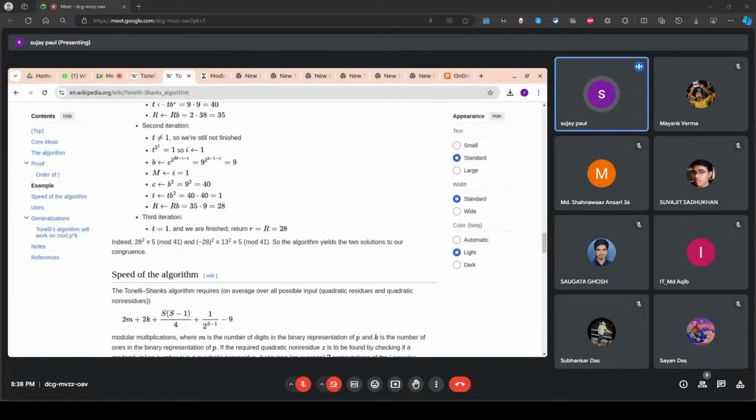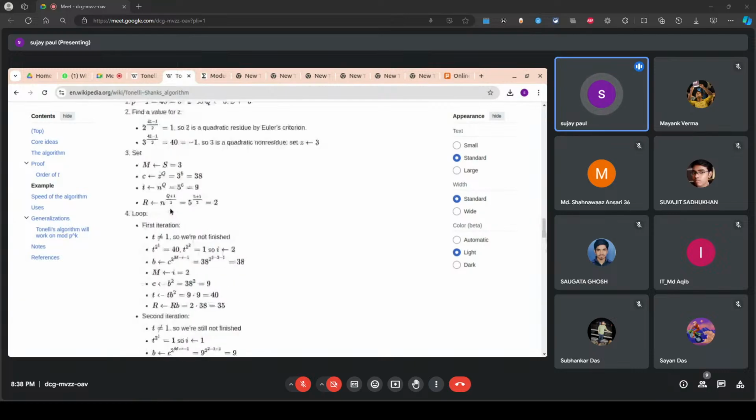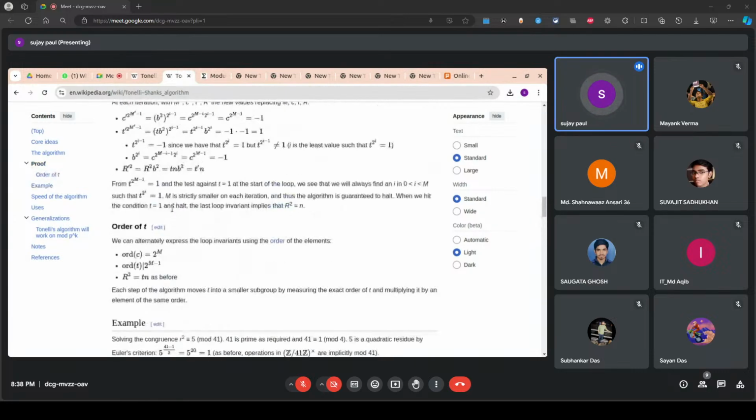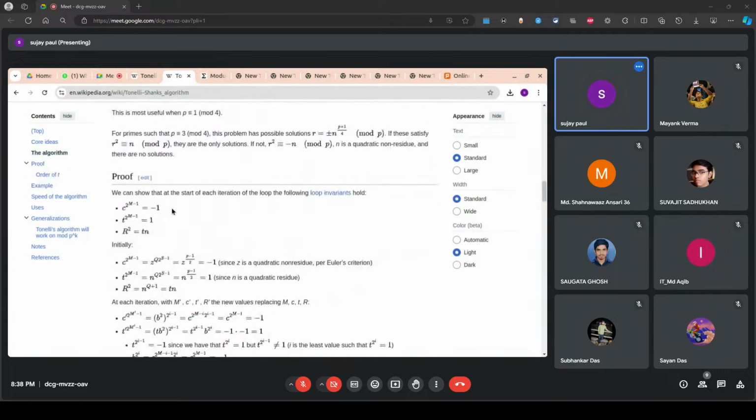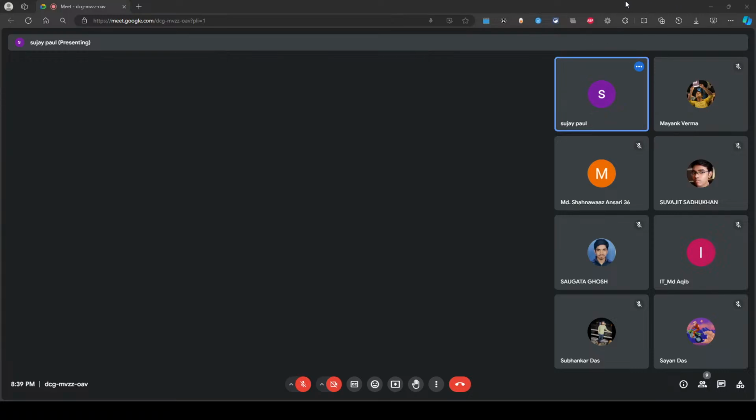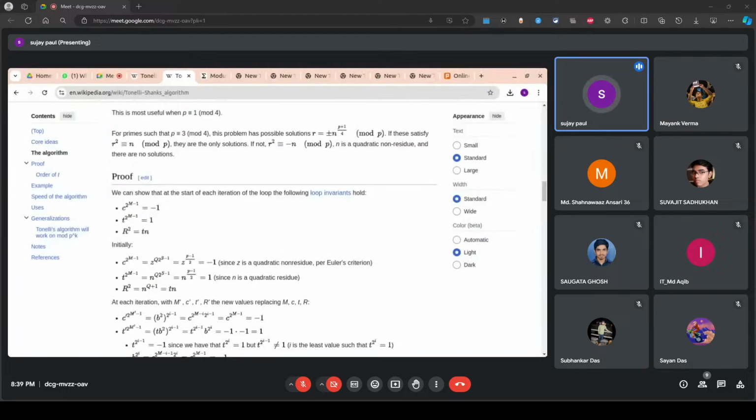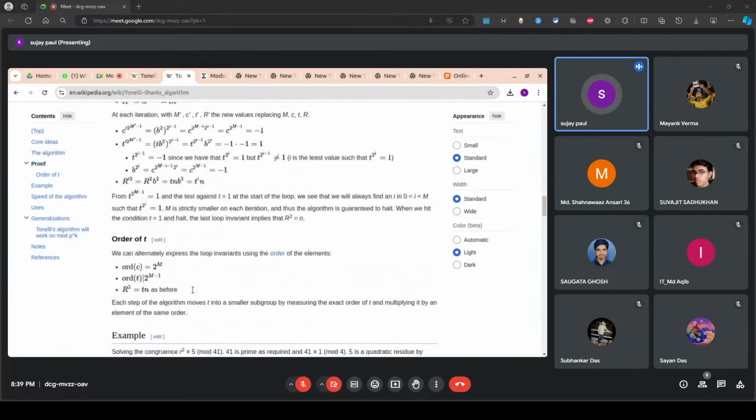Go for a very small number, like the same thing, 5 is equal to x square modulo 41. You can go for another number like 40, 50, 51, no, 51, 17 you can go for. And you just check whether it is working properly or not. Then it will be clear.